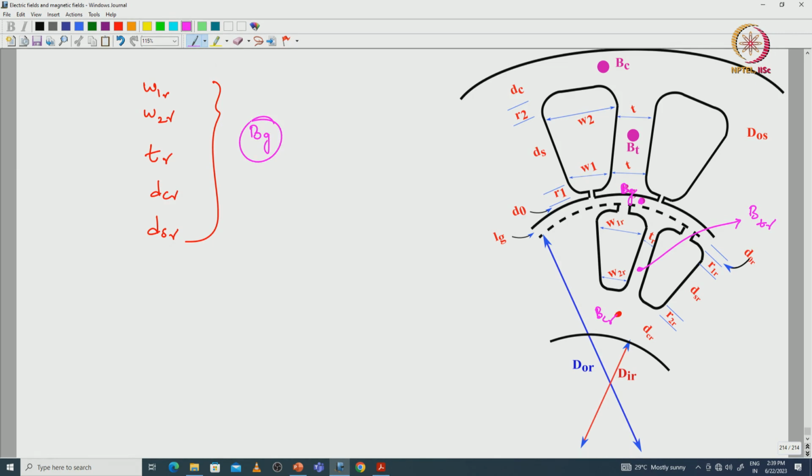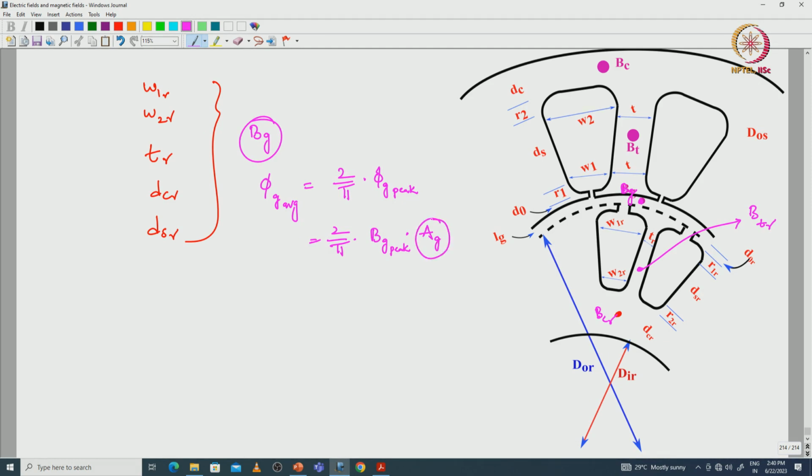To find the flux density at the air gap, let us consider the equation with respect to the flux per pole. Phi g average is equal to 2 by pi into phi g peak for sinusoidal quantities, that is equal to 2 by pi times the peak flux, which is nothing but Bg peak into area Ag.